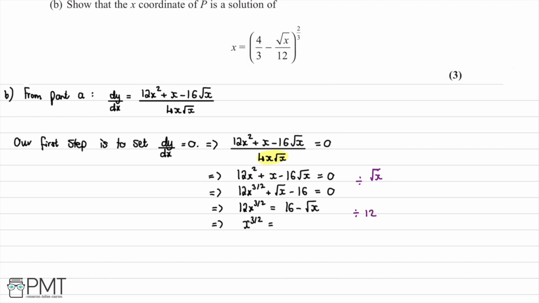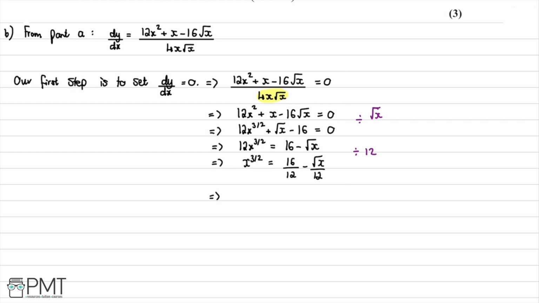That's going to leave us with 16 over 12, then we subtract the square root of x divided by 12 also. The next step is just to simplify this right-hand side. So we'll keep the x to the power of 3 over 2. We know that 16 over 12 can be simplified to 4 over 3, and then our root x over 12 remains the same.